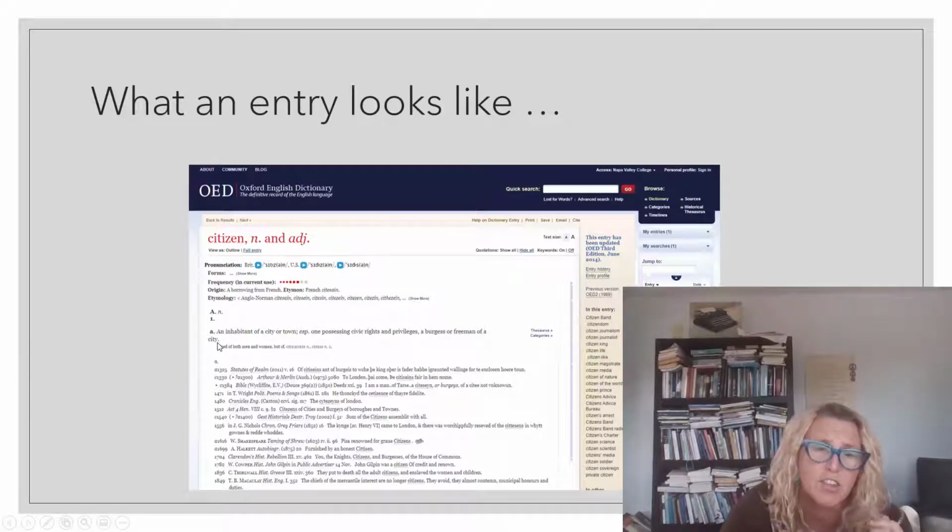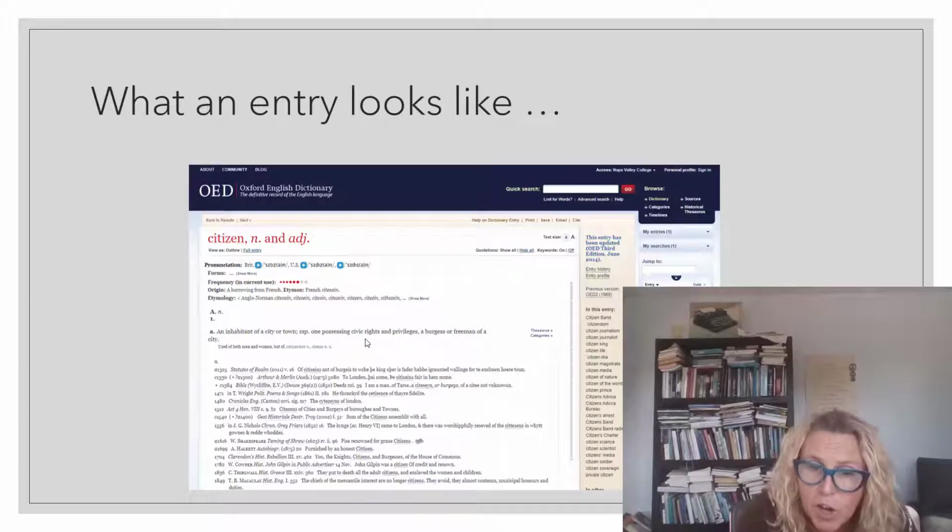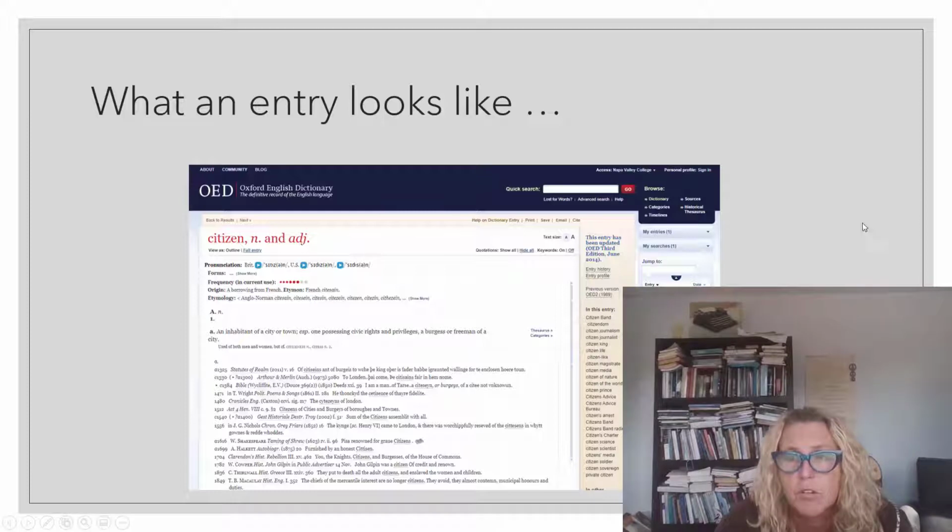The basic definition of the noun is an inhabitant of a city or town, especially one possessing civic rights and privileges, a burgess or freeman of a city. Now, if there's any words in there you don't know, you need to look them up, okay? Down below, you see some quotations about when these were being used.